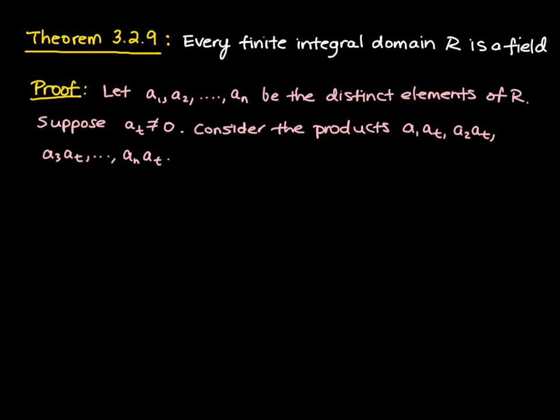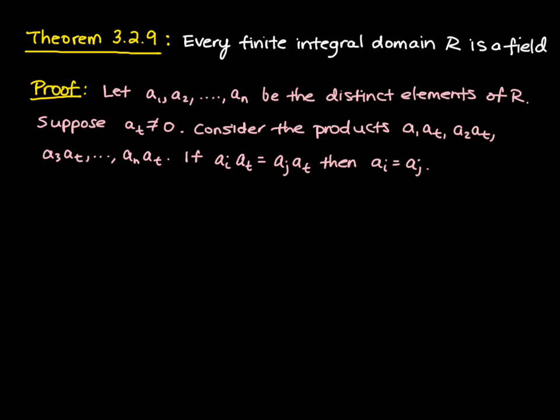And so what does it mean if two of these things are equal? So if A sub i times A sub t equals A sub j times A sub t, because this is an integral domain, by cancellation, this implies that A sub i equals A sub j. So basically, if two of these products are the same, it means that we multiplied A sub t by the same element.